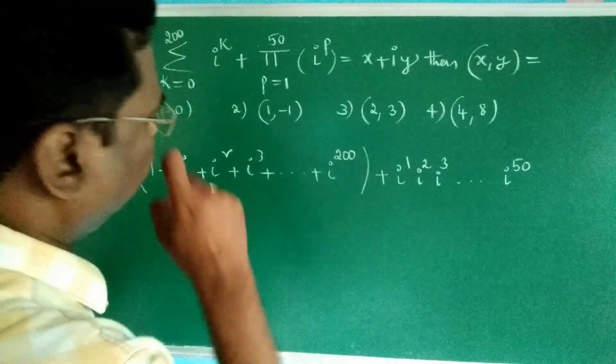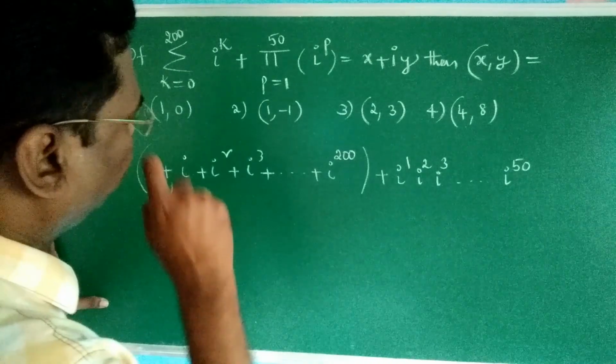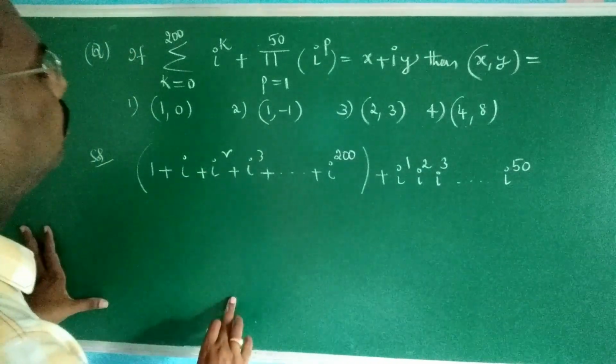Now, the sum of any four consecutive powers of i is always 0.